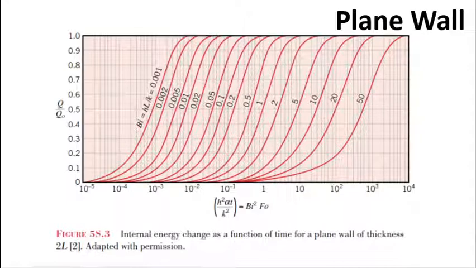So that brings us to the close of transient heat conduction. So what all did we study today? We studied two extremes of the transient heat conduction model. One is the early phase and the other is the late phase.